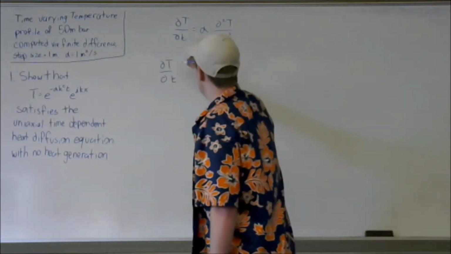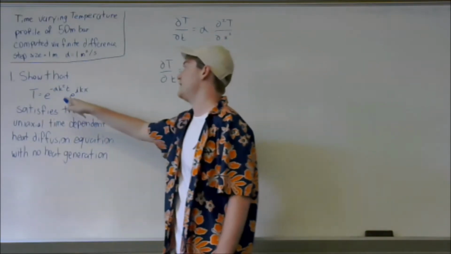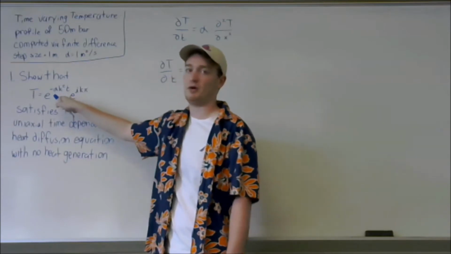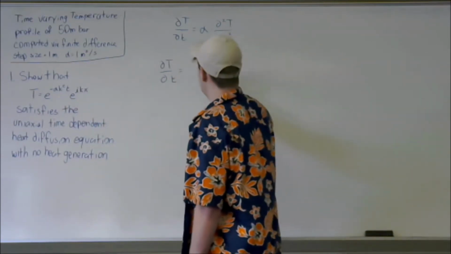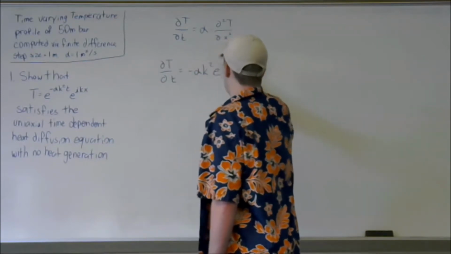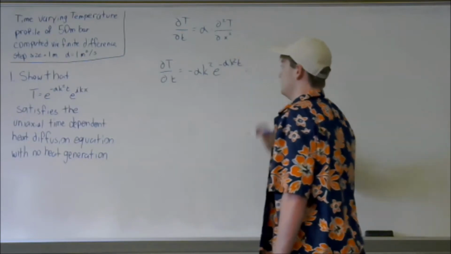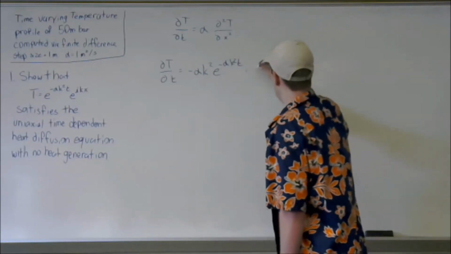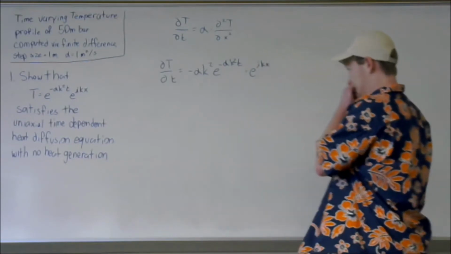So in this case, because we're differentiating with respect to time, we're going to take the derivative of the time-dependent part, while the position-dependent part does not change. So this becomes negative alpha k squared e to the negative alpha k squared t times the position-dependent part, which is e to the i k x.